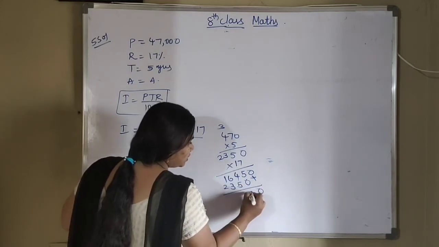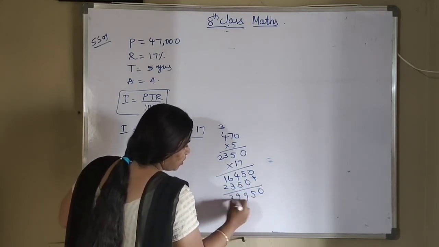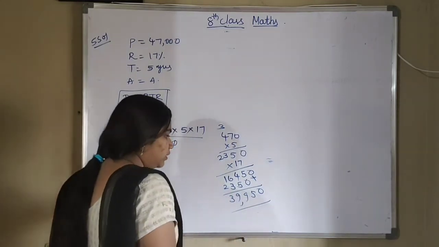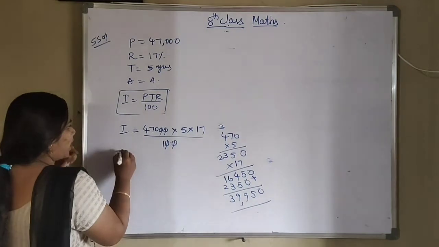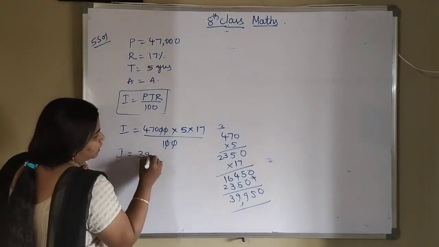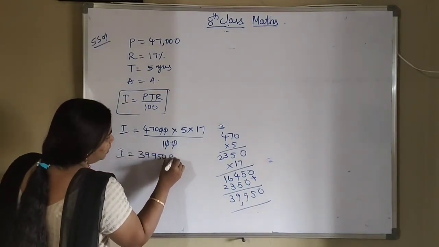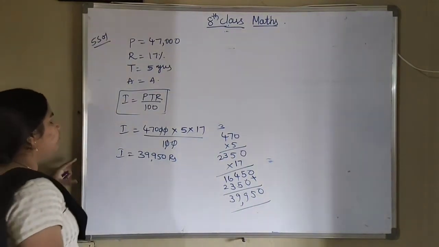So you got 39,950. So I is equals to 39,950 rupees. Okay.